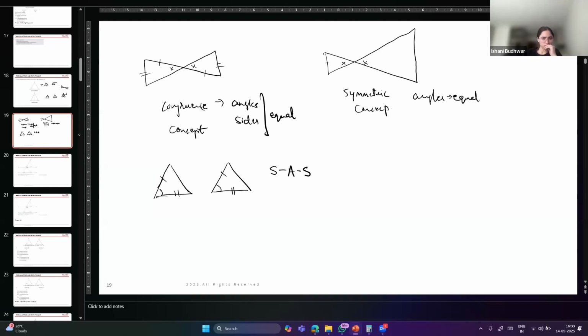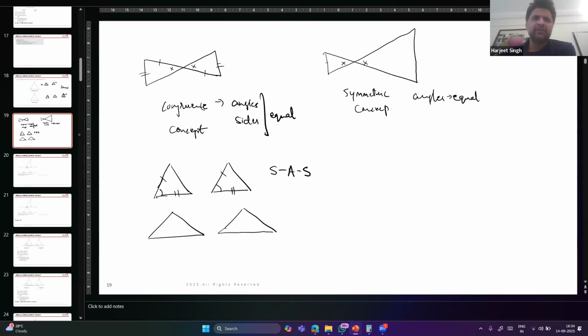Similarly, there's a congruence in which there could be two angles equal and a side equal. So we could be given this angle is equal to this is equal to this, and the side is equal. So this is called an ASA type of congruence.